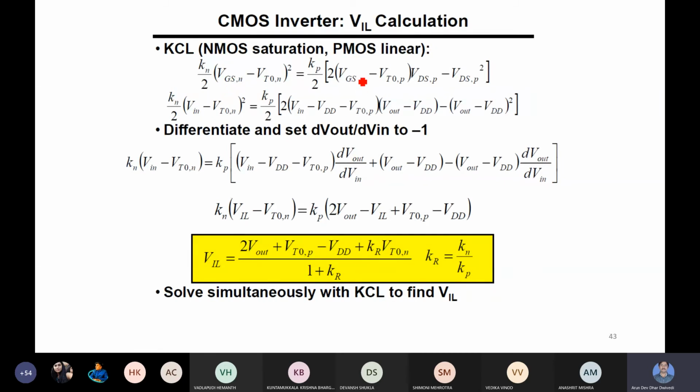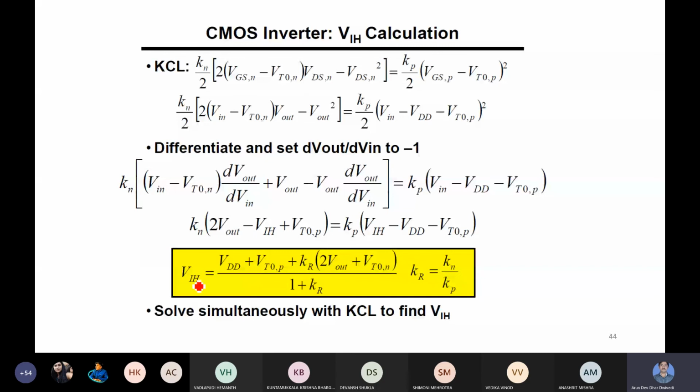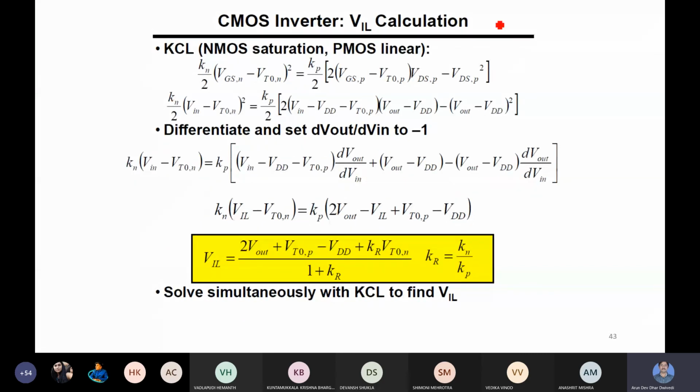Similarly for the PMOS we substitute and take the derivative with respect to Vin, put dVout by dVin equal to minus 1, and solving it, you get VIL. Similarly VIH we have also got. So these two are important points, and with the help of this we will try to solve the problem.